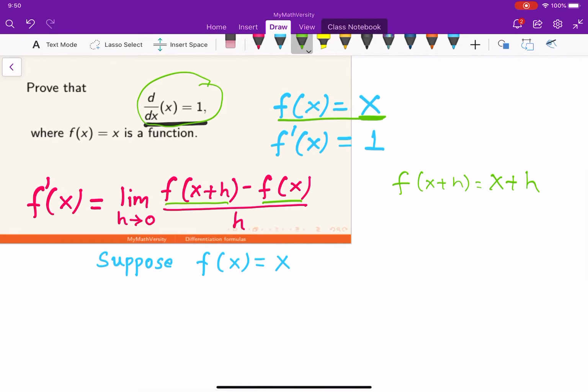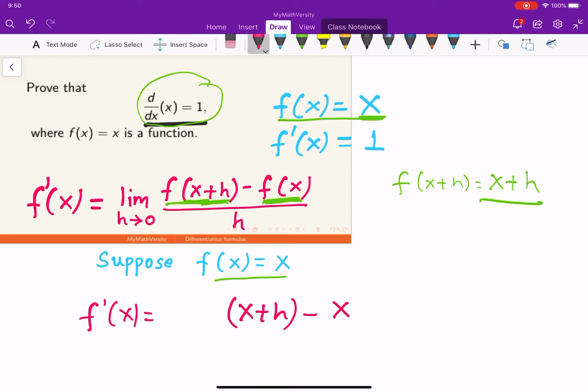So let's apply this and find the derivative of the function. To find f prime of x, we first find the difference quotient. What is the difference quotient? f of x plus h, which we just computed, is x plus h. So write that down, and then minus f of x, which is the given function, so we write just x, and underneath that we have h.